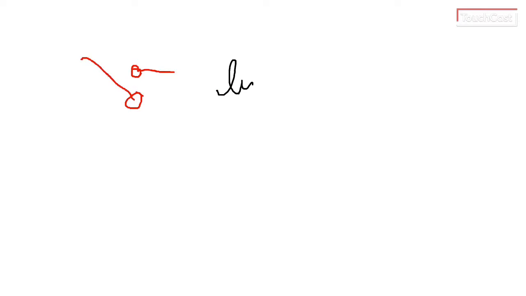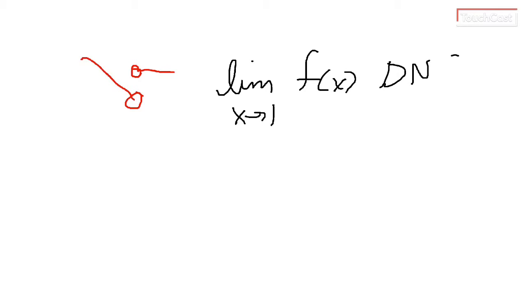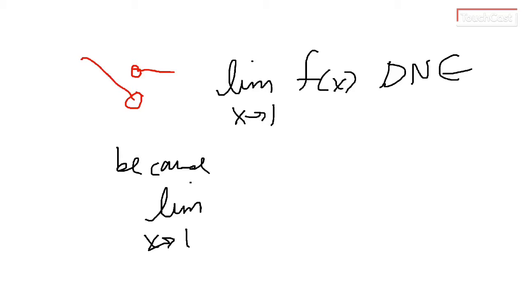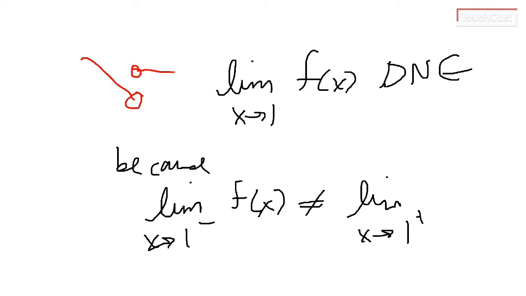I would say the limit as x approaches 1 of f of x does not exist because the limit as x approaches 1 from the left of f of x does not equal the limit as x approaches 1 from the right of f of x.